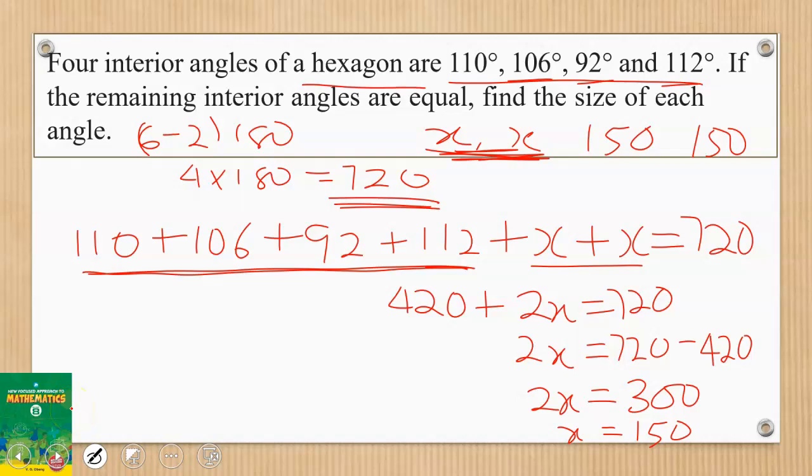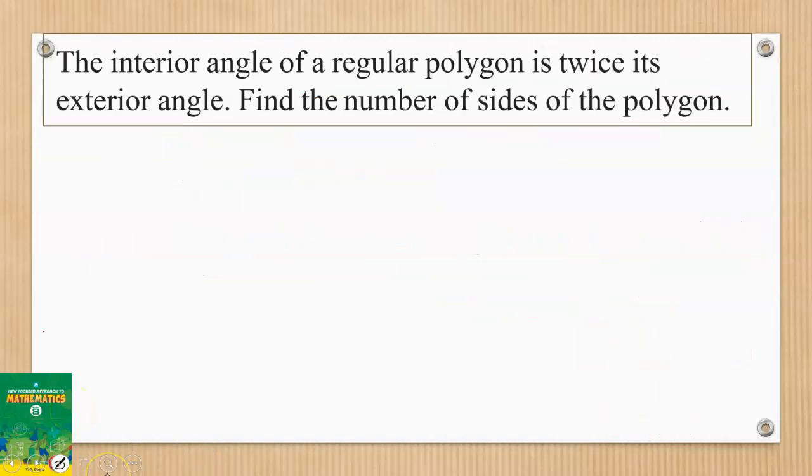Let's take the last example and see. This question says the interior angle of a regular polygon is twice its exterior angle. Find the number of sides of the polygon. So we don't know the number of sides, and we want to find it. They said one interior angle of the regular polygon is twice the exterior angle. We know that the sum of the interior angles is n minus 2 times 180.